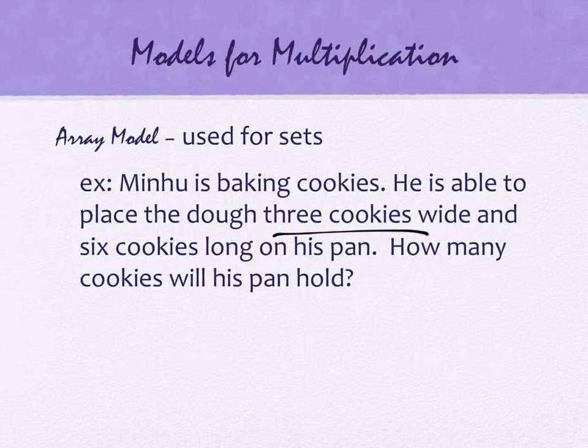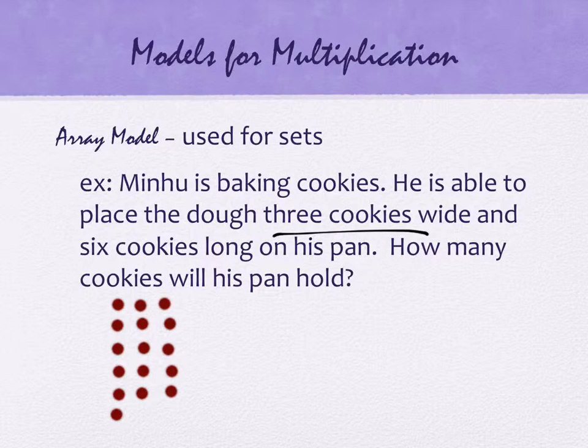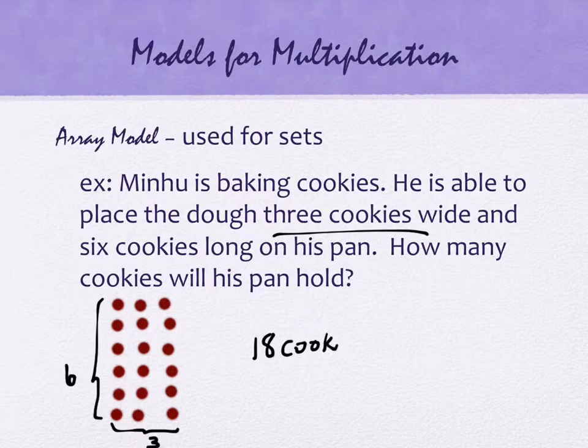So we're going to do 3 wide, and then 3 wide again, and we're going to keep going until we have 6 long. So here's my 3 wide, and here's my 6 long. And so I'd end up with how many cookies? 18, right? That's different than doing something a repeated number of times, 3 every week.